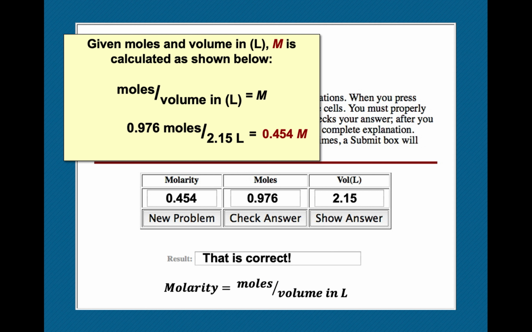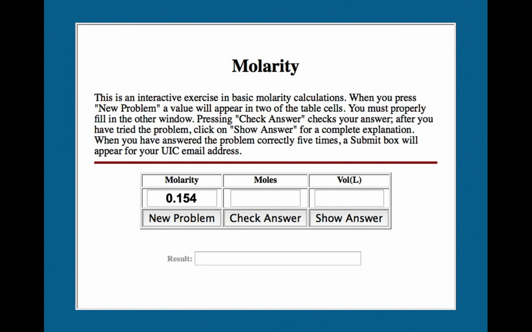I can pretty much guarantee that on exam number 2, you will have a table like this, at least one, with one thing blank. Here we have the volume blank. We know the molarity, we know the moles. On your little 3x5 card, just so you don't forget, you have written down molarity as moles divided by liters.